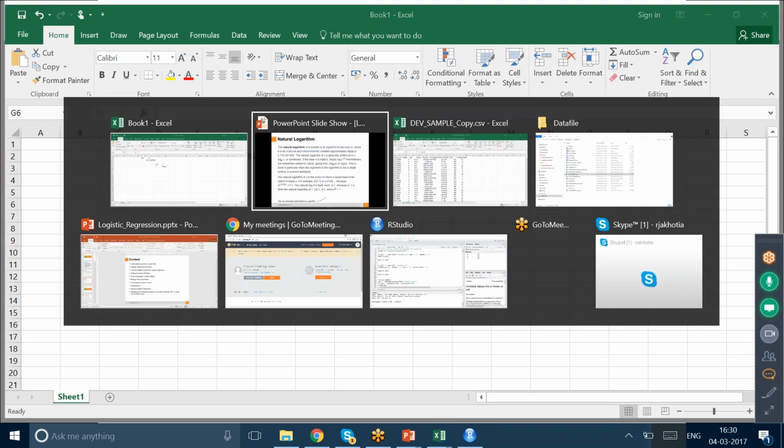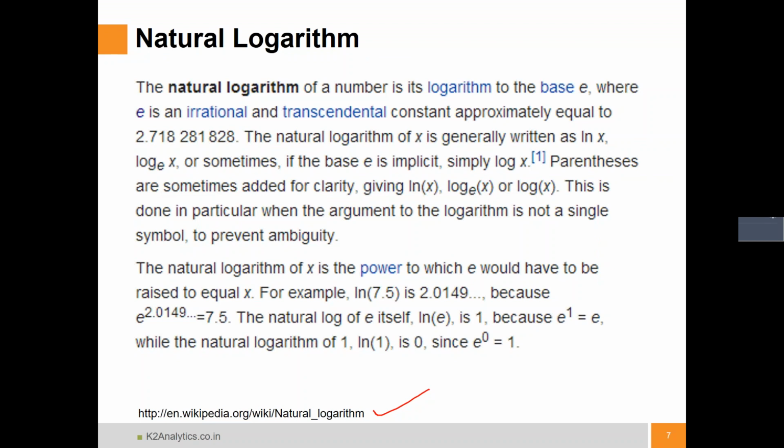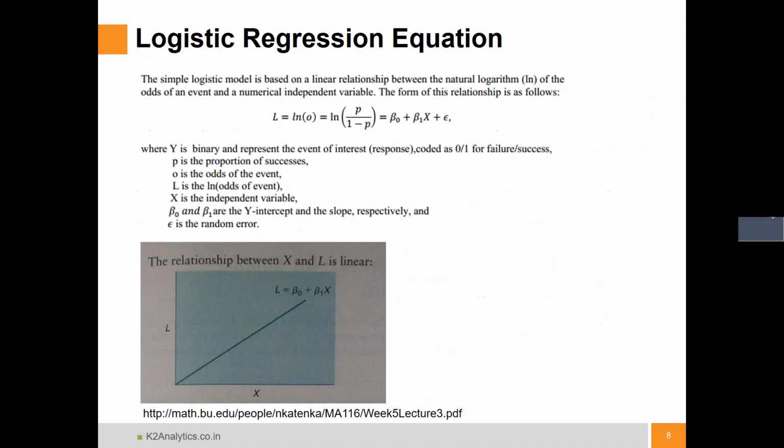So let me not go into the derivation and other calculation of it. Now, logistic regression. These are the two terms, because when we are building this logistic regression, why I wanted to explain is this ln p upon 1 minus p is equal to this.